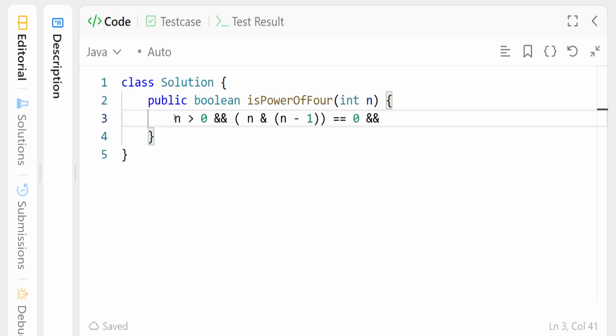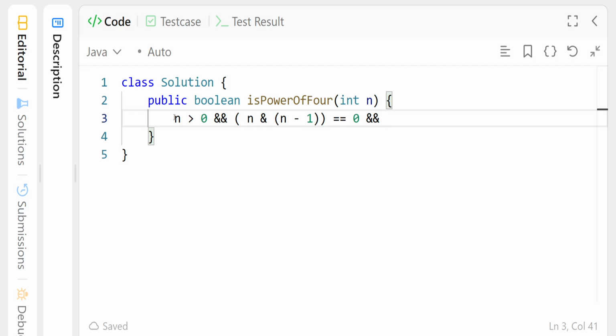If you want a power of 4, it must be a power of 2. For example, 4 to the power 2 is 16, and 2 to the power 4 is 16. The power of 4 has only one bit. If you apply n AND n minus 1, bitwise, you will get 0.